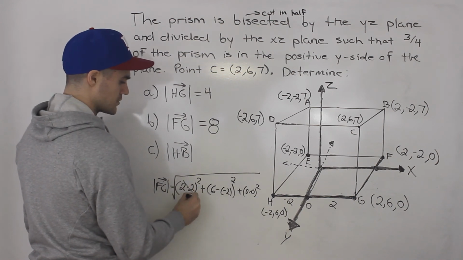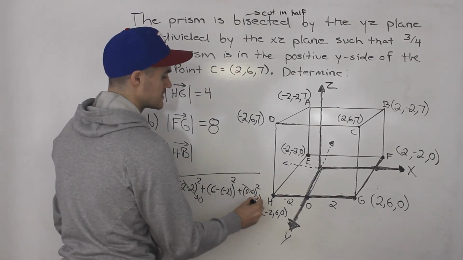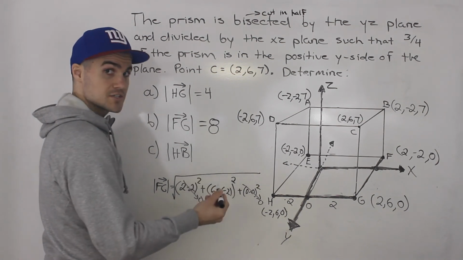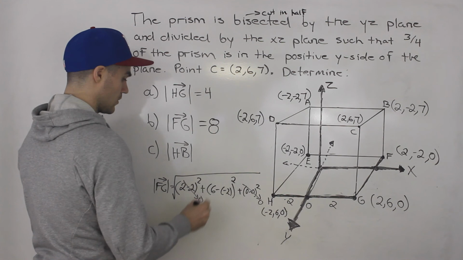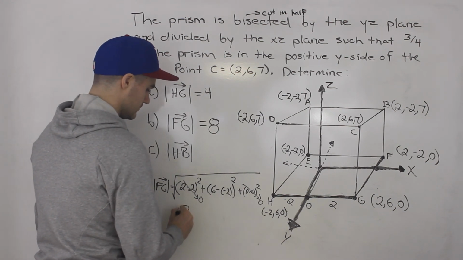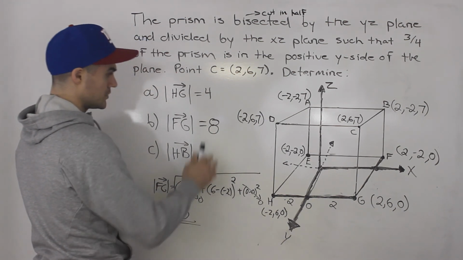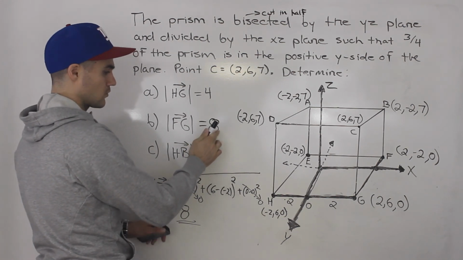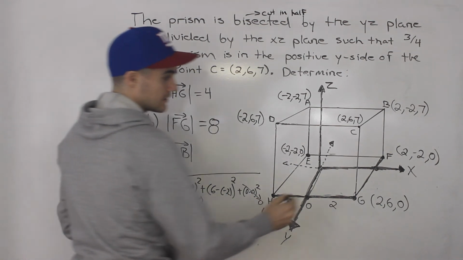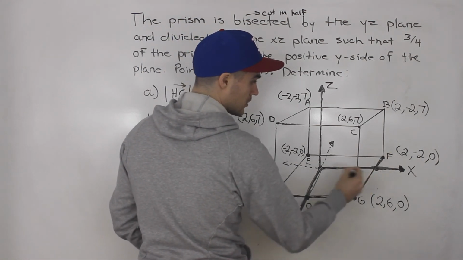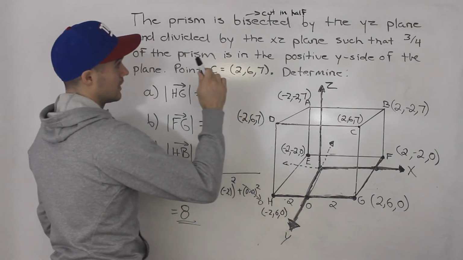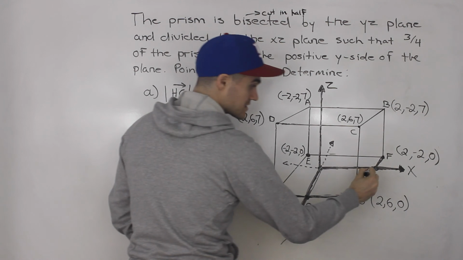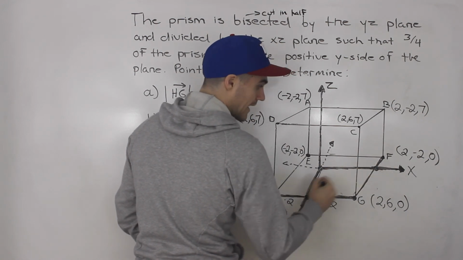So notice 2 minus 2, that goes to 0. 0 minus 0, that's 0. 6 minus -2, that is like 6 plus 2, which is 8. Squared is 64. Square root of 64 is 8, which is what we got when we did it visually. All right, so either way works. Basically, the way we figured it out, if you remember, the XZ plane divides the prism where 3/4 of the prism is on that positive portion of the y-axis.